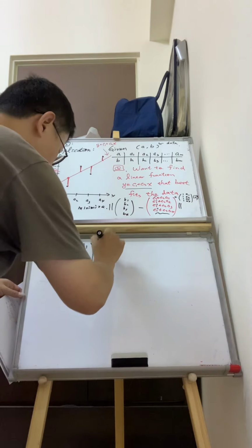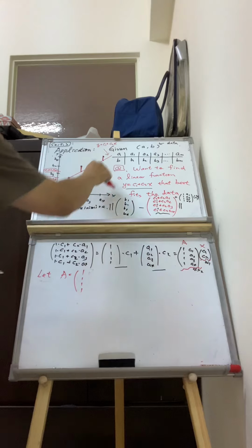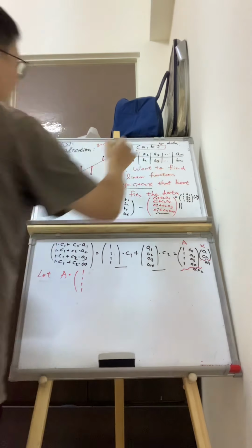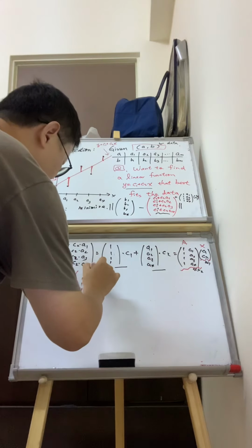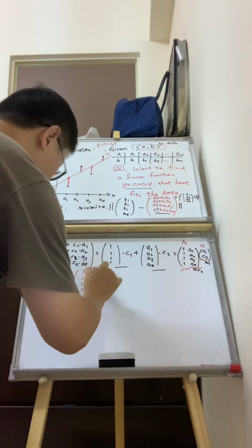So it means that for this question, you could define the matrix this way. It's our matrix A, and our solution x. So here we let A be the matrix 1, a1, 1, a2, up to 1, a4, if we have four pairs of data.